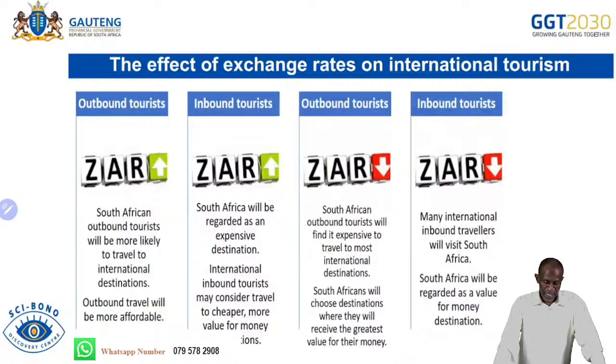Outbound travel will be more affordable. For an inbound tourist, South Africa will be regarded as an expensive destination. International inbound tourists may consider travel to a cheaper, more value for money destination.